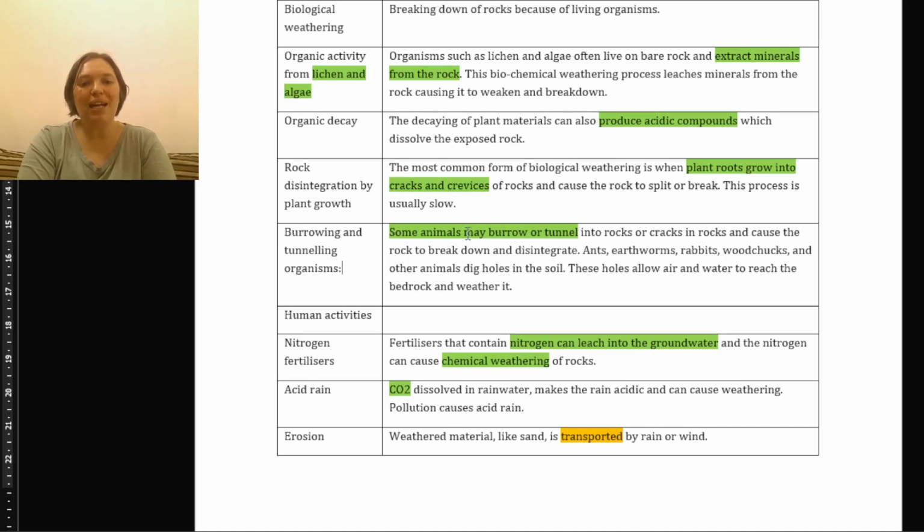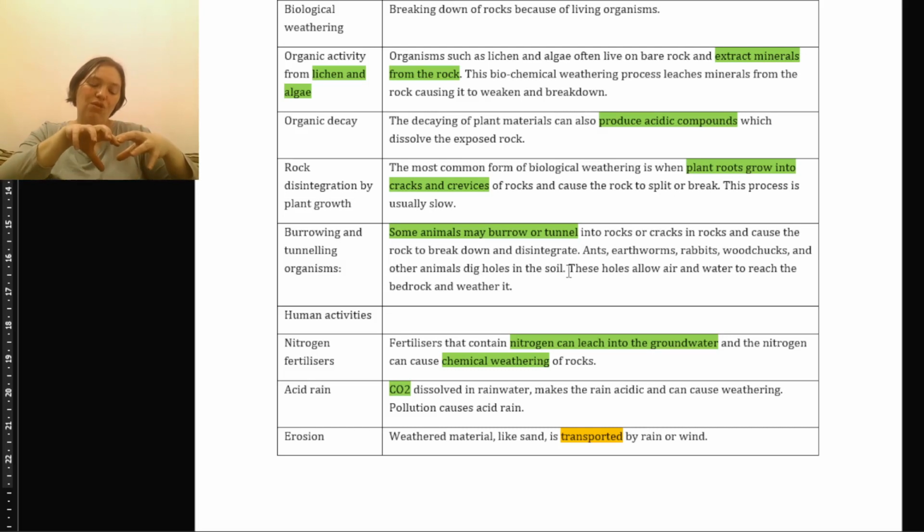Some animals burrow or tunnel into rocks or cracks in the rocks and cause the rock to break or disintegrate. Let's give examples: ants, earthworms, rabbits, woodchucks, and other types of animals. These ones also dig holes in the soil.